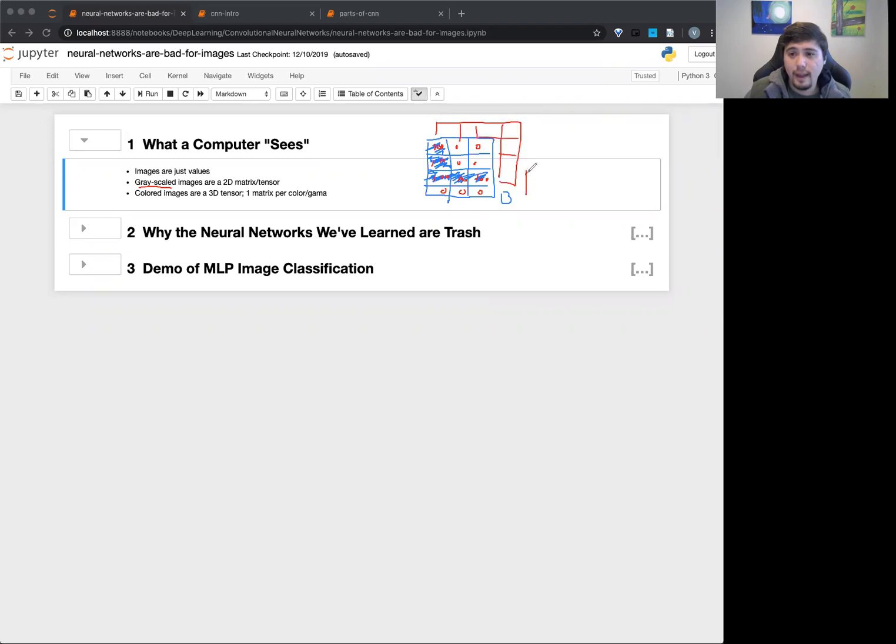Red, green, blue is pretty typical, so the green channel would be a third matrix. You can think of it as a 3D tensor, with different layers. Depending on the picture you can also have four channels, since sometimes alpha is built in. But in general, a colored picture means there's more than one channel.